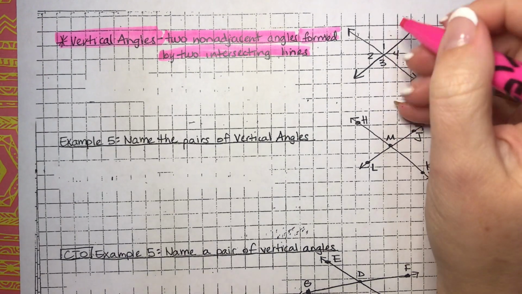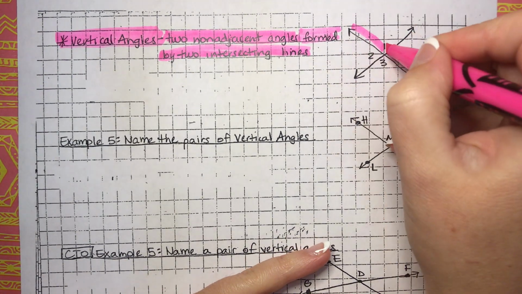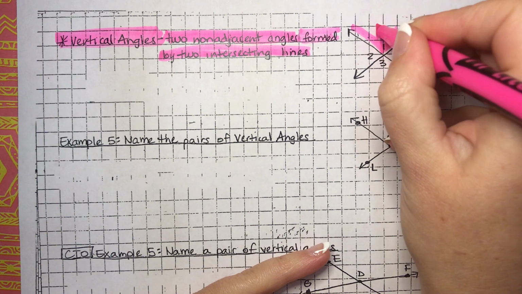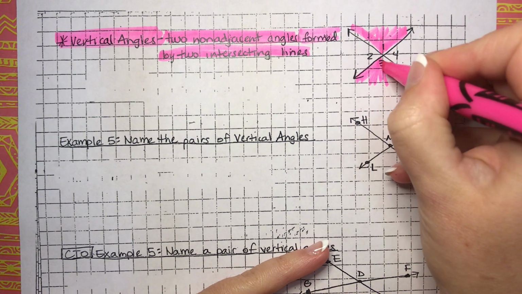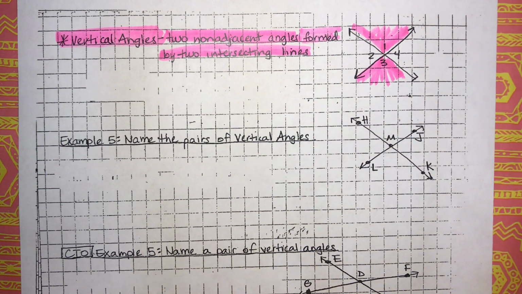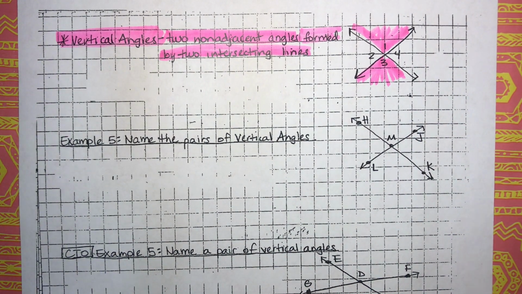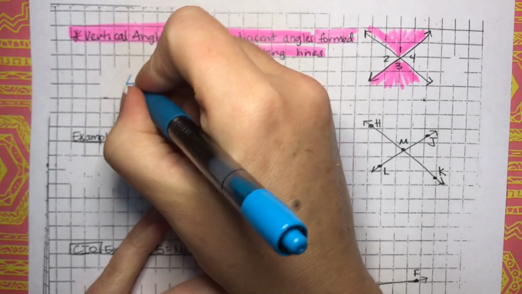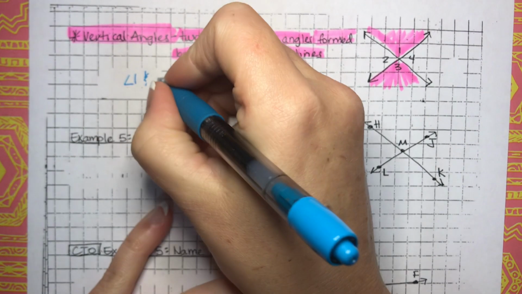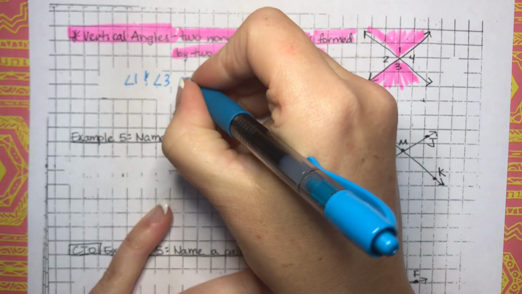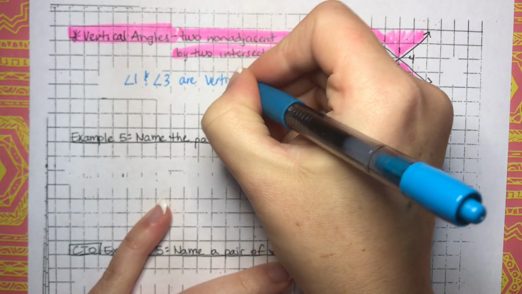The angles that are non-adjacent would be angle 1 and angle 3. Those are called vertical angles. So we can say that angle 1 and angle 3 are vertical angles.